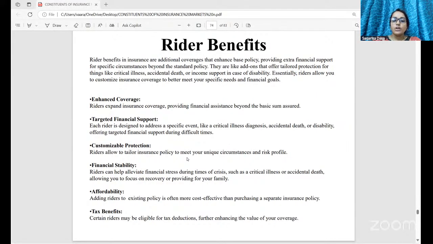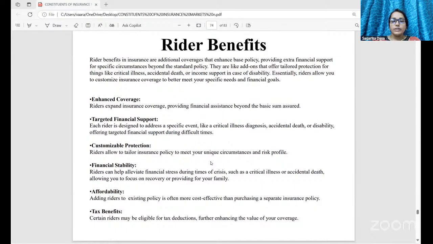So hence it is cost effective. Instead of purchasing a new policy, with the help of a rider, we can add more benefits to the same policy. Now, certain riders may be eligible for tax deductions, further enhancing the value of the coverage. When it comes to tax benefits, riders will have some tax benefits available to policyholders.